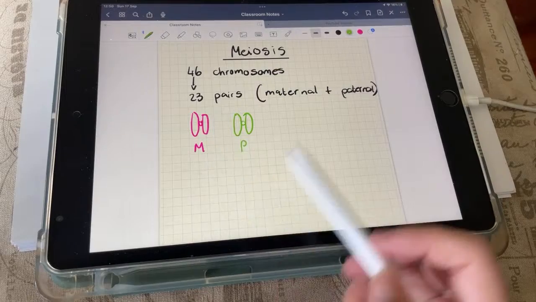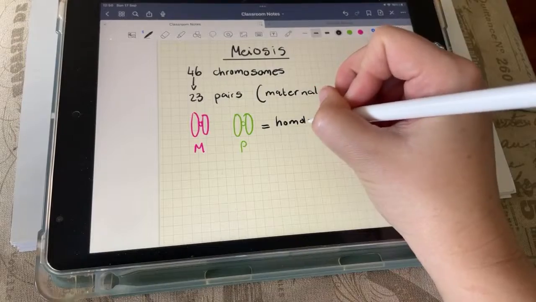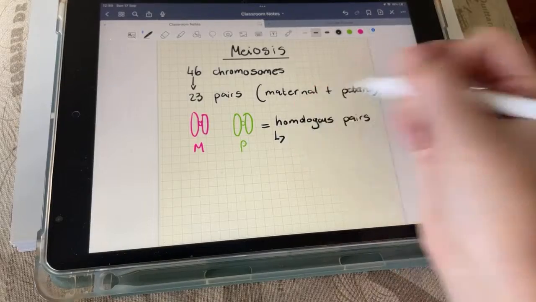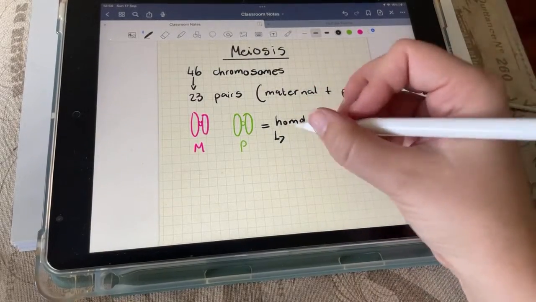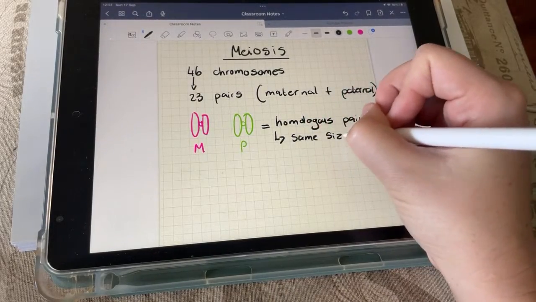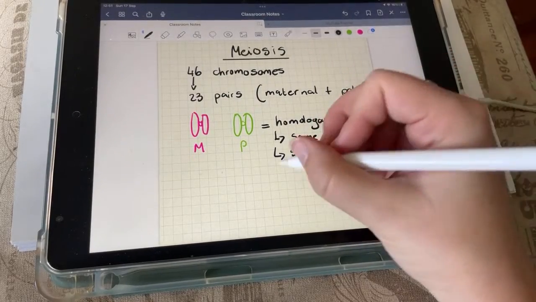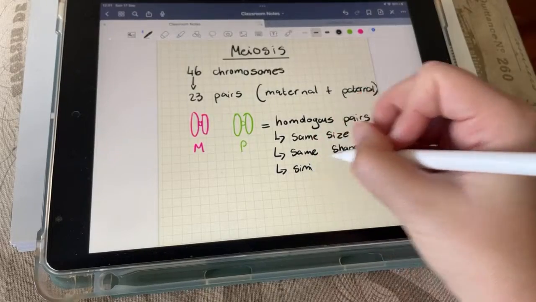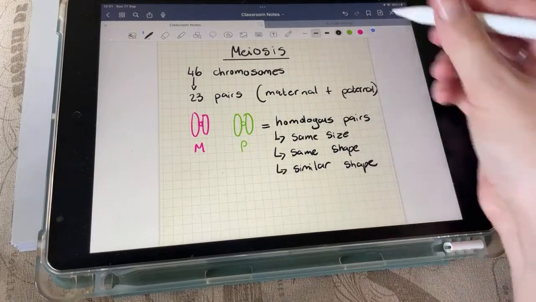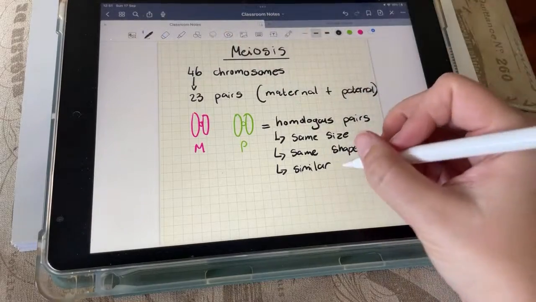Now, these pairs of maternal and paternal are homologous pairs. So what is a homologous pair? A homologous pair is a set of chromosomes that have the same size, the same shape, and similar genes.